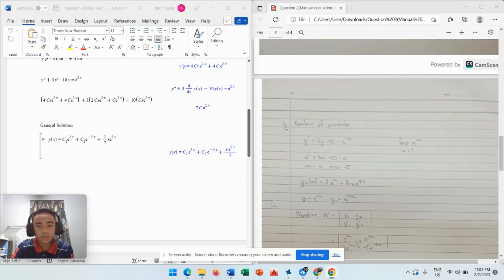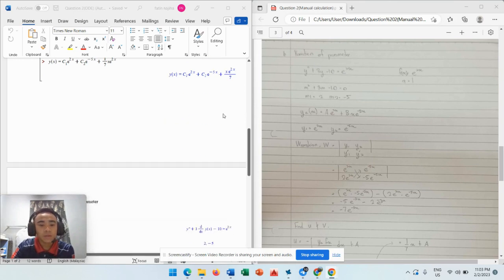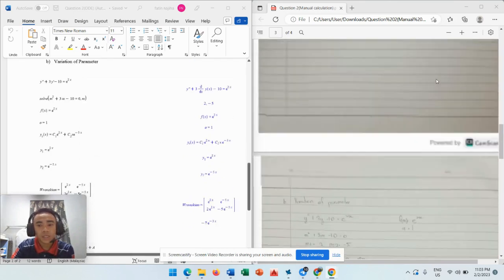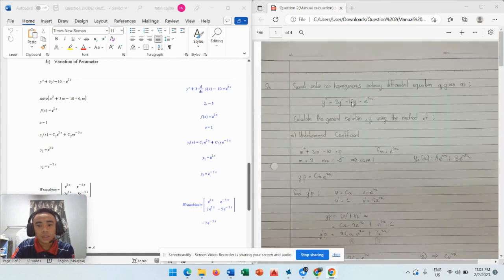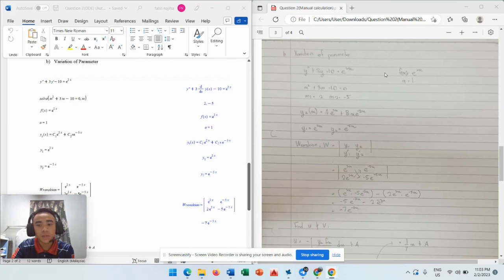Okay, next we go to the second question. It is B, and it is the variation of parameter. So from the question above, it is the same. First we need to define the root from the question, and then we need to find the fx and a, and the fx is exponent to x and the a is 1.